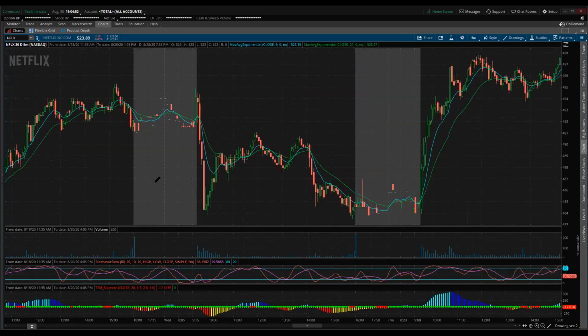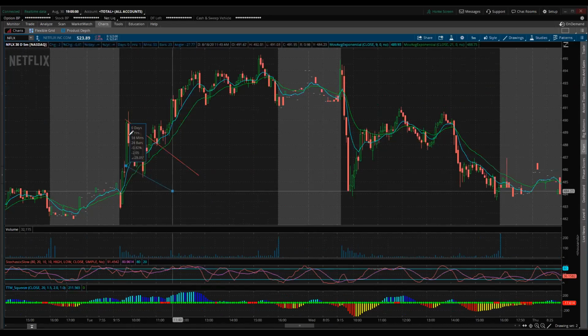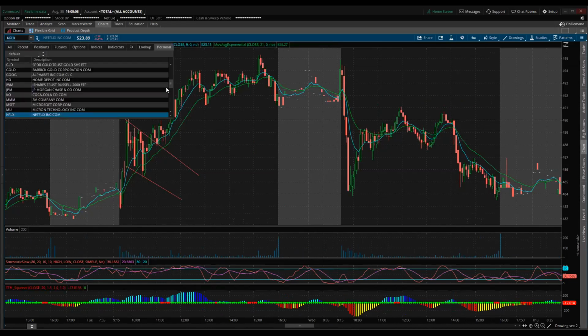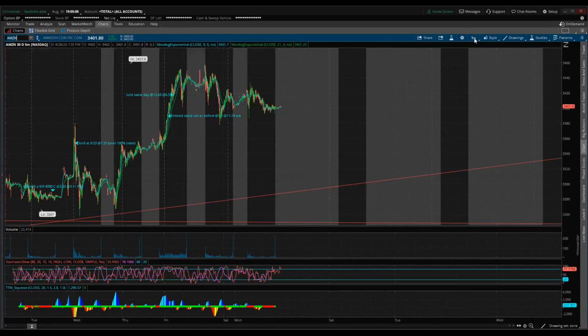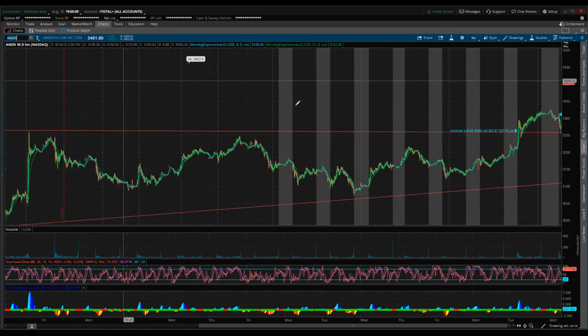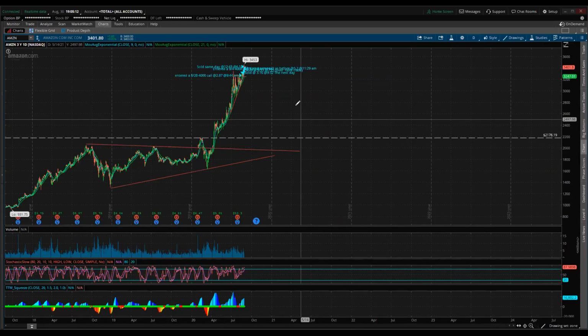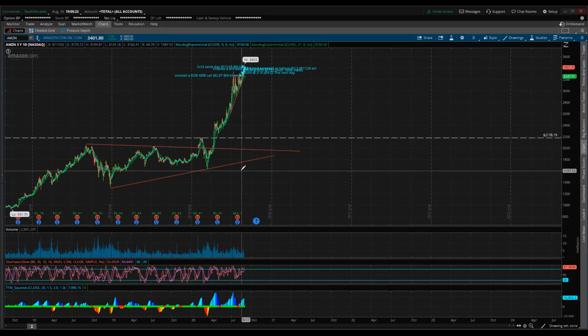So you can consider that a little channel, and then you see the break and the retest of the channel. But yeah, the higher the time frame, the larger the move, most of the time, because the more time is behind it and the more volume as well.